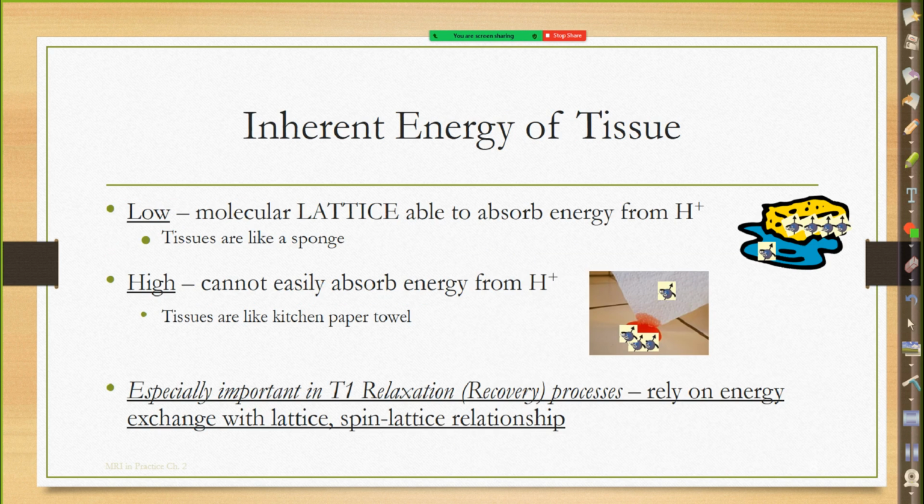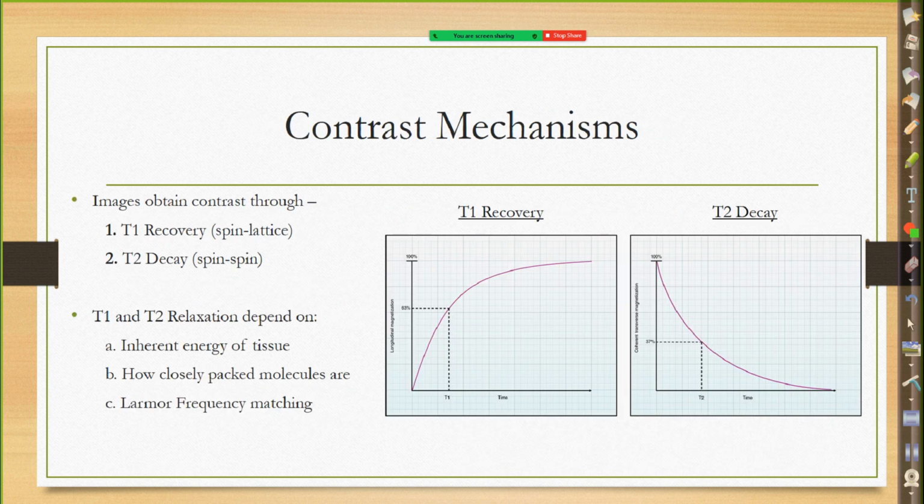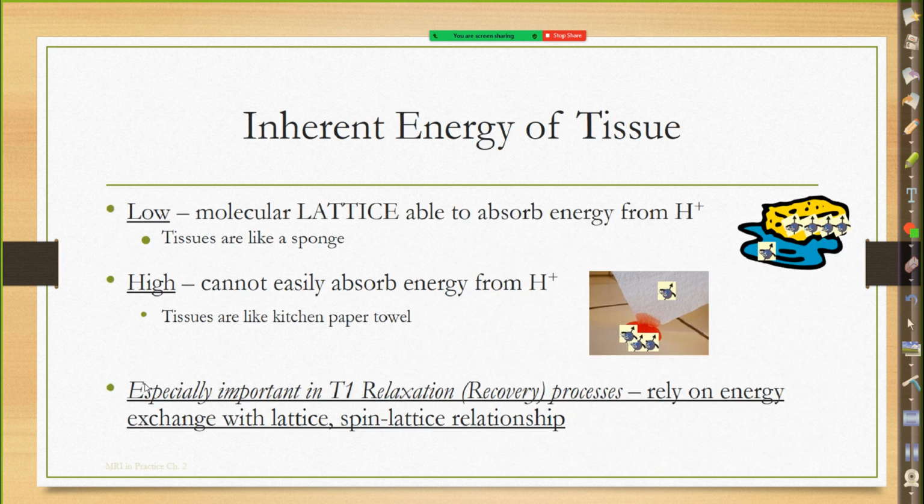All right. So let's go over these three things that T1 and T2 relaxation depend on. All right, the first one, inherent energy of tissue. And what we're talking about here is the surrounding environment. So you're going to see this term lattice.